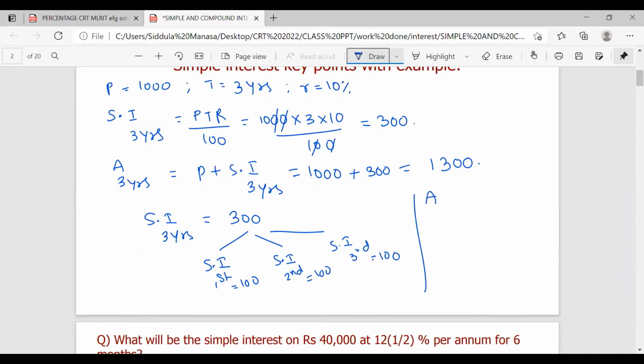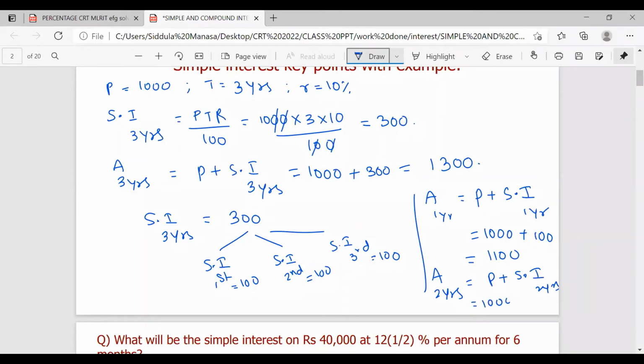So the amount at the end of 1 year equals principal plus simple interest for 1 year, which is 1000 plus 100, equal to 1100. Amount at the end of 2 years is principal plus simple interest for 2 years. Principal is 1000, and simple interest for 2 years means 100 and 100. 1000 plus 100 plus 100 equals 1200.